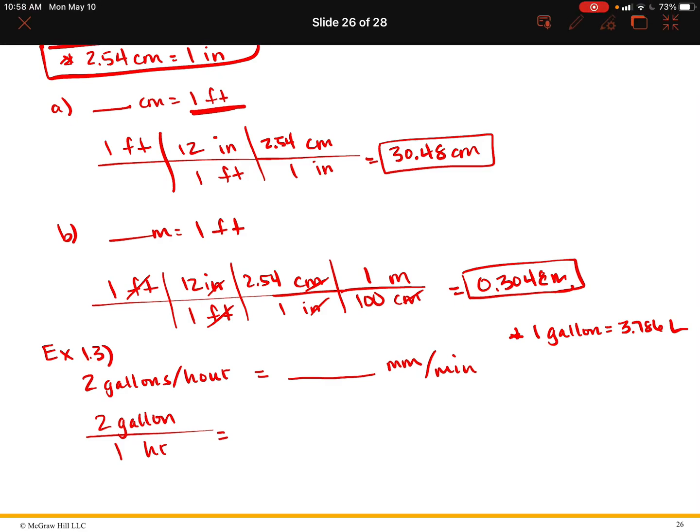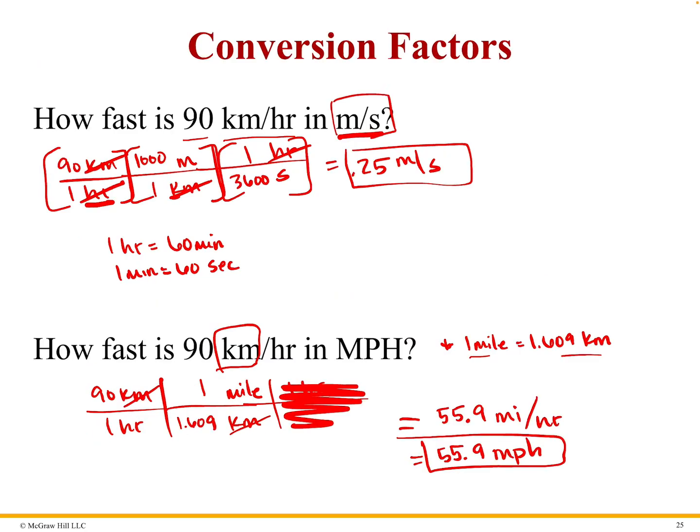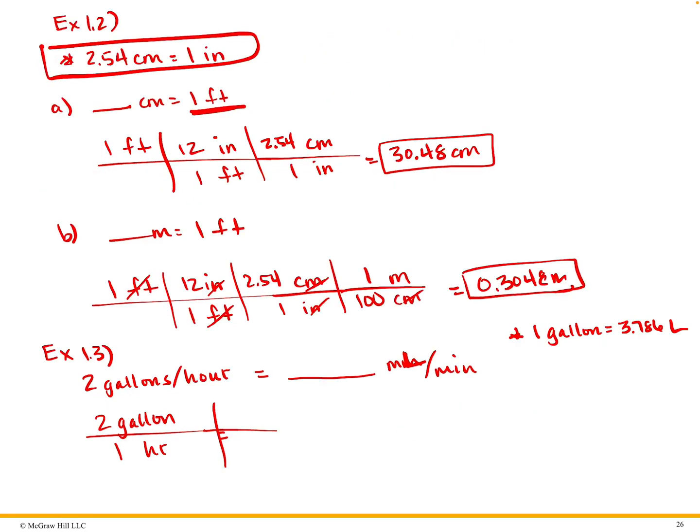Oh, I said millimeters on here and I meant milliliters, by the way. Milliliter, not millimeter. That makes more sense. And for whatever reason, it's not letting me get my eraser out, so sorry about that equal sign there. So we're going to go from gallons to liters because that's the conversion factor that we're given.